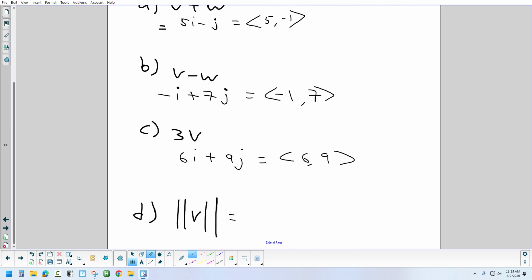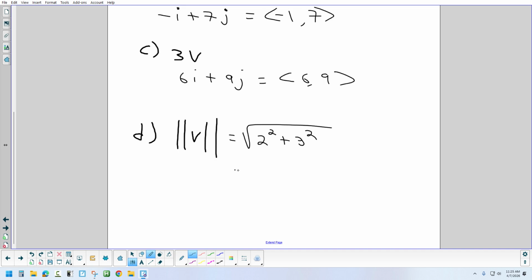How would you write down your calculation to find the magnitude of v? 2 squared plus 3 squared, and then the square root of whatever that number is. So that's going to be 4 plus 9, which is 13. And if they want an exact answer, we're done. Square root of 13.